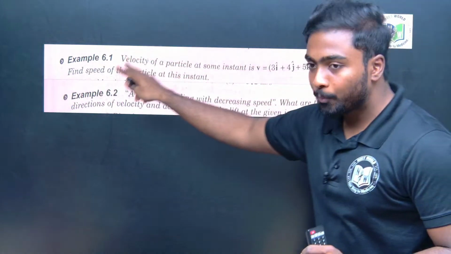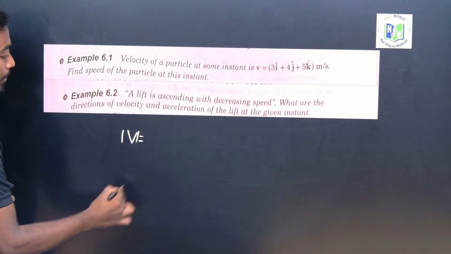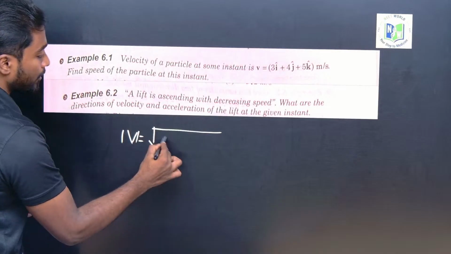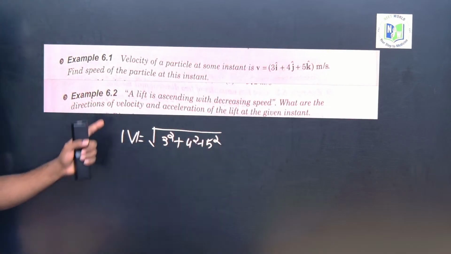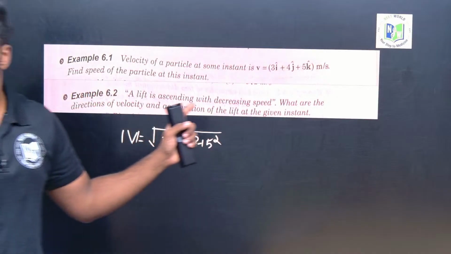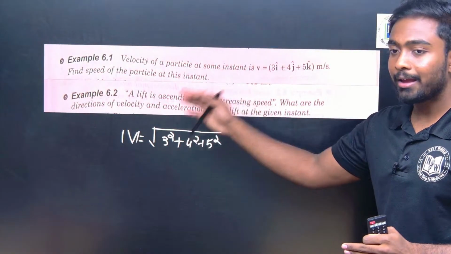If they are asking for speed, take the modulus of that. The modulus of v will be equal to the square root of 3 squared plus 4 squared plus 5 squared. Take the modulus of the velocity, and I will get the speed.